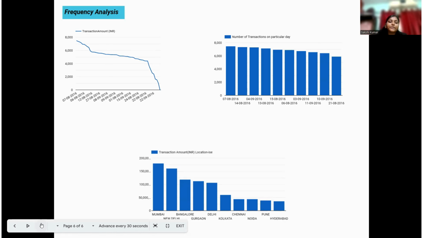The other values lie between these two. The last graph shows us the transaction amount of cities. So we can see that for Mumbai, it is the highest, and for Hyderabad, it is the lowest. So yes, this was the frequency analysis.